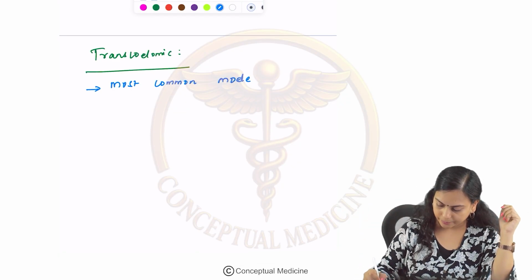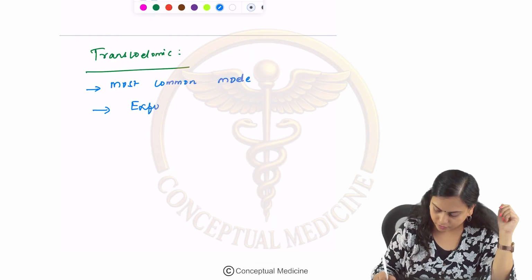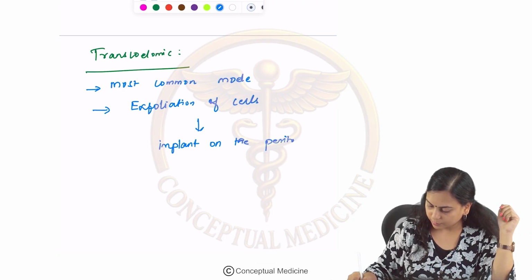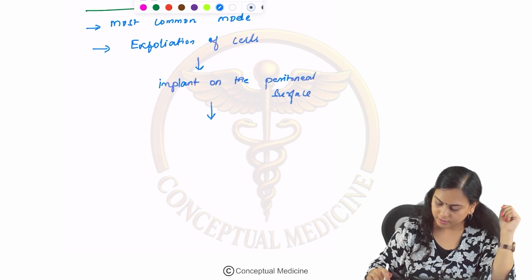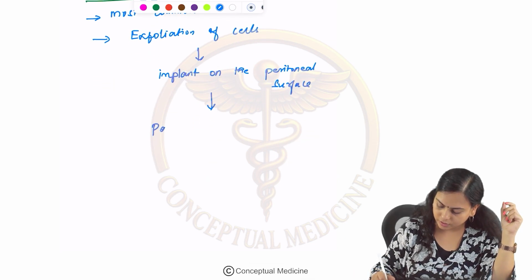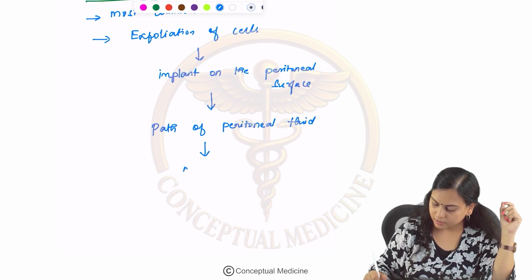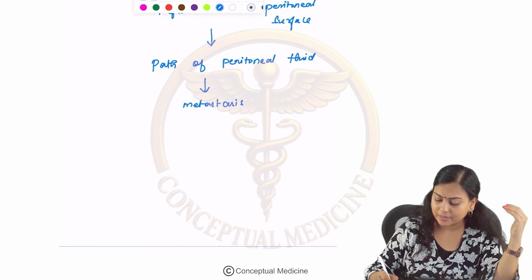So, there is exfoliation of cells which implant on the peritoneum surface. Now, these cells tend to follow the circulatory path of peritoneal fluid and metastasis happens.